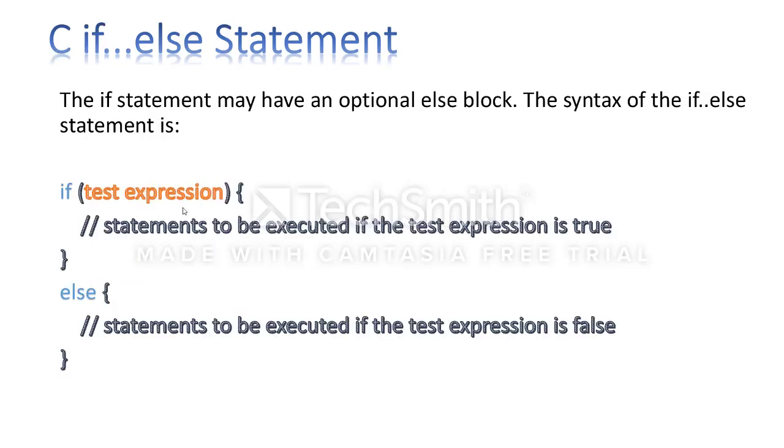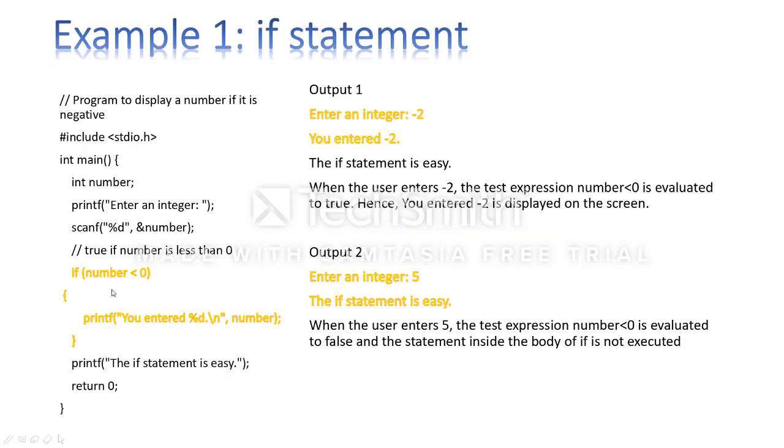Next we can see the if else statement. It is also working like the if statement, but here I am adding an extra thing, else. Else means if you want to give any default value, then you can use the else. For example, in the previous example, if the number is -2, then I enter into the body of the if condition.